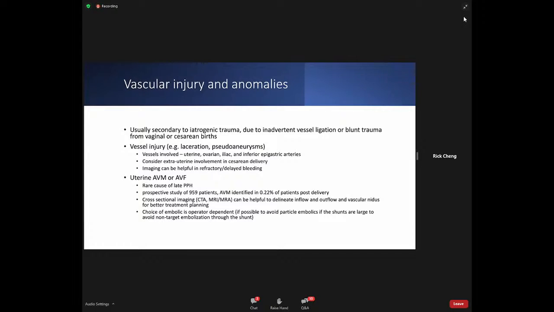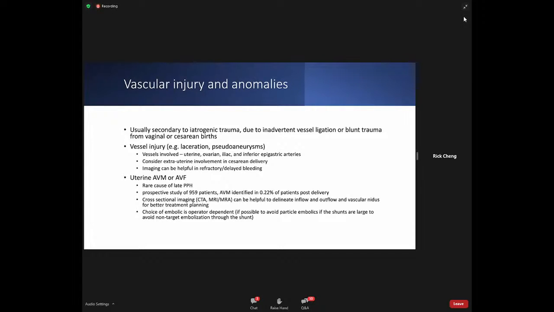Vessel injury would include lacerations and pseudoaneurysm formations, and the usual culprits are from the uterine artery, ovarian artery, iliac arteries, and the inferior epigastric arteries, especially in the setting of cesarean delivery. When immediate bleeding is seen, the culprit vessels are often identified just by direct visualization. However, if bleeding is refractory or delayed, imaging can be helpful to identify potential sources of bleeding and injury.